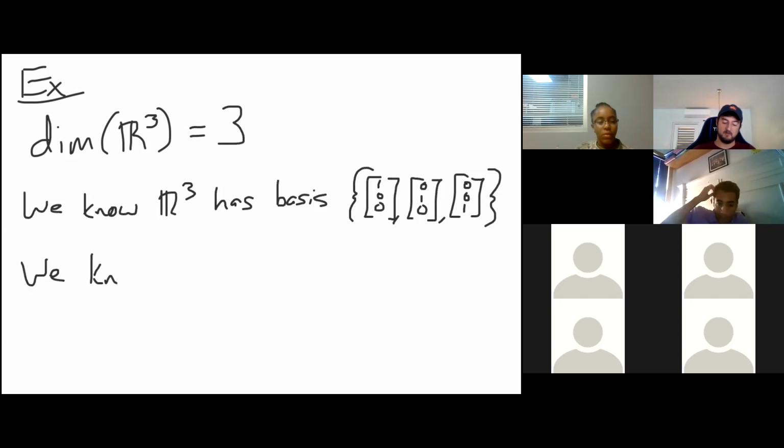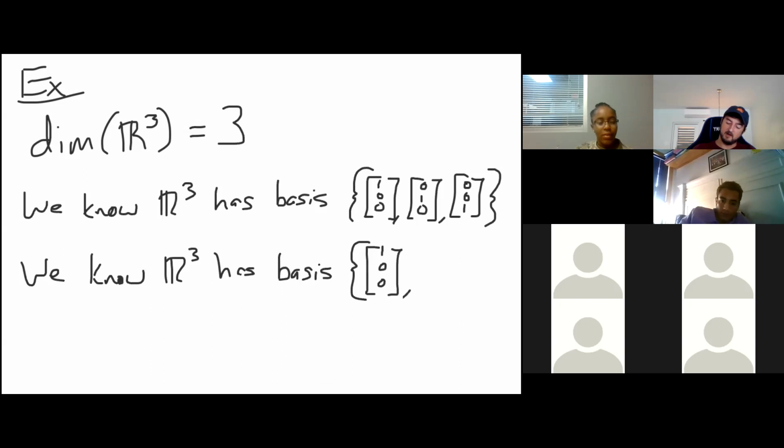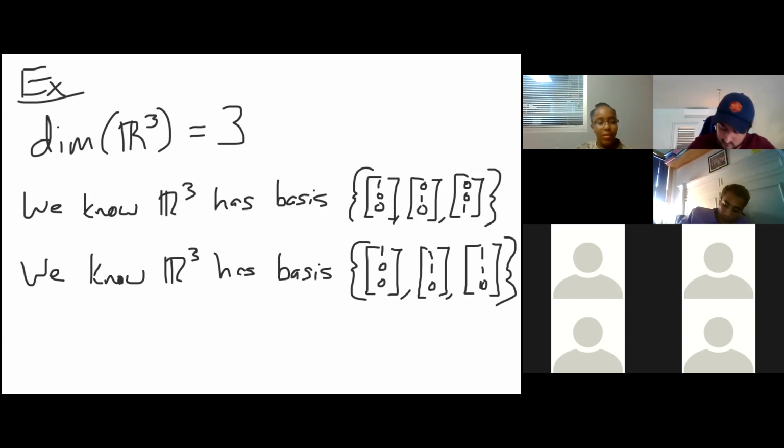And we also know, this is just kind of a reminder, this wasn't the only basis for R3. We also showed, sometime last week, that this set of vectors, (1, 0, 0), (1, 1, 0), and (1, 1, 1), also are a basis for R3.